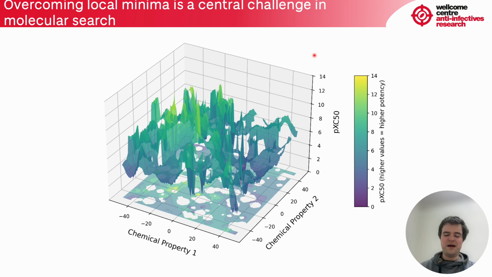So just to wrap up, I think one of the key challenges about search is thinking about how big chemical space is, but also how we overcome multiple minima. It can often be the case that what we currently know may not actually lead us to our global optimum. We can clearly see here that chemical space is absolutely full of discontinuities, holes and lack of data.